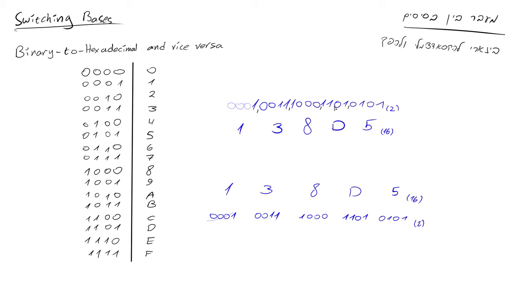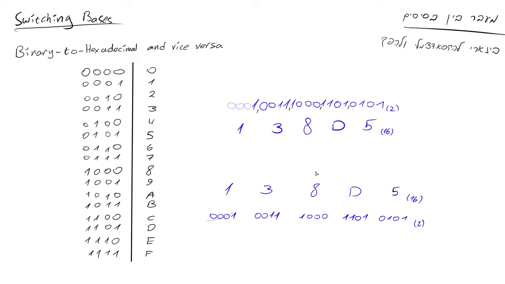Then you have 1 1 0 1, you look over here, 1 1 0 1 is D, you copy the D. 1 0 0 0 is 8, you write down 8, 0 0 1 1 is 3, write down 3, and 0 0 0 1 is 1, you write down the 1, and you're done. You have the number in base 16.